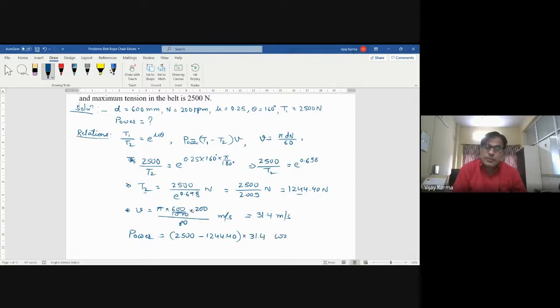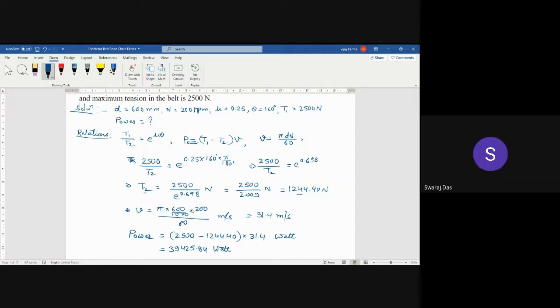So that power is in watt. So that is equal to 2500 minus 1244.40 multiplied by 31.4. It's coming out 39425.84 watt.